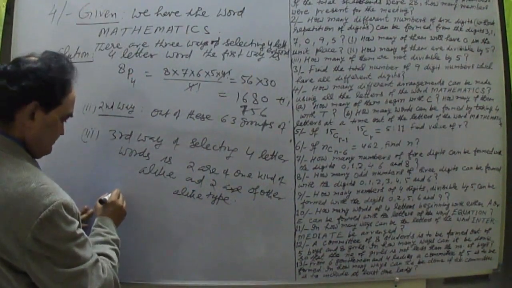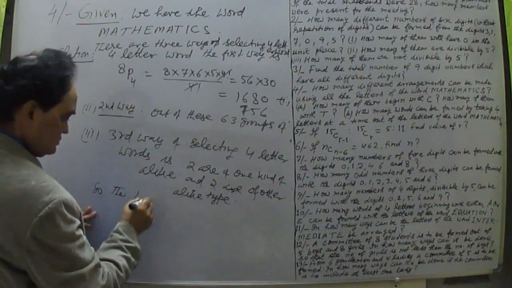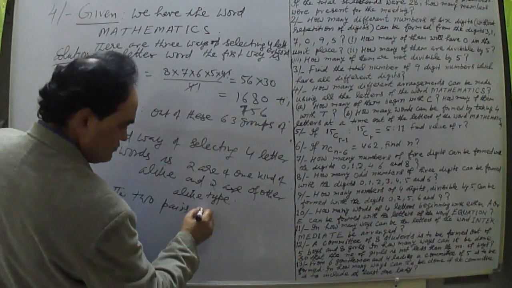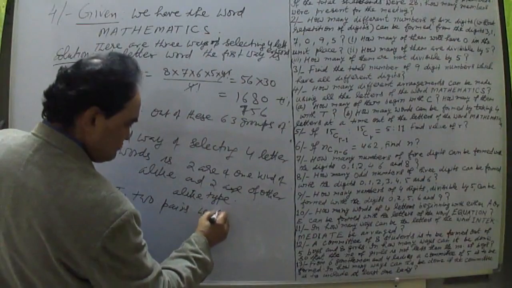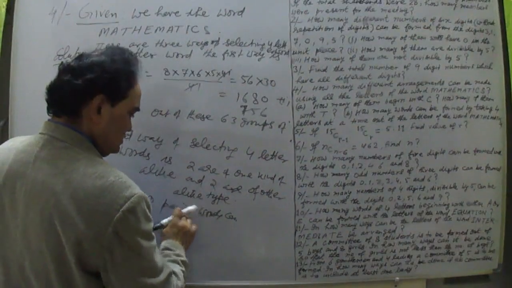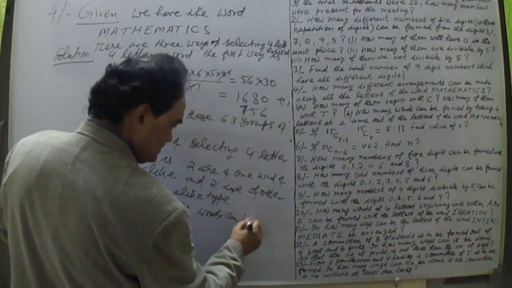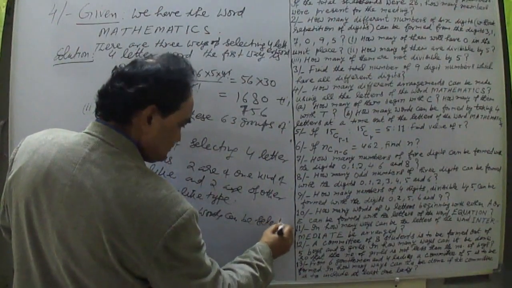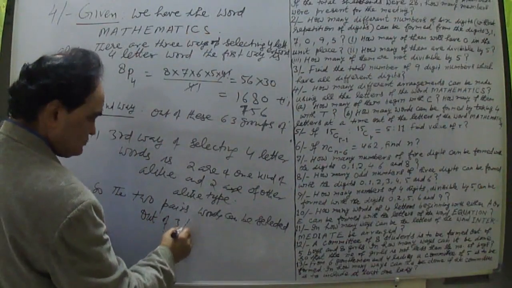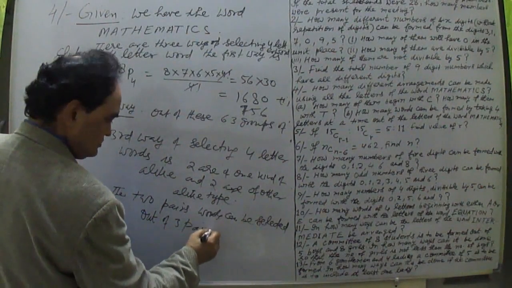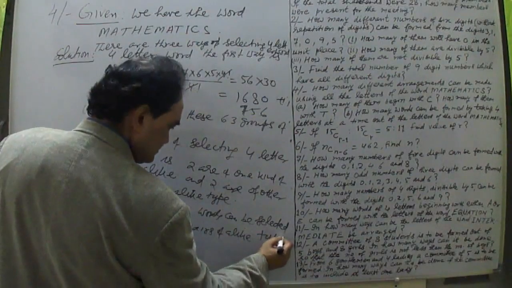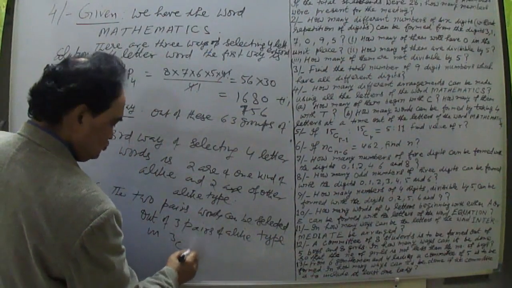So these 2 pairs, two paired words, can be selected out of three pairs of alike characters in 3C2 ways.